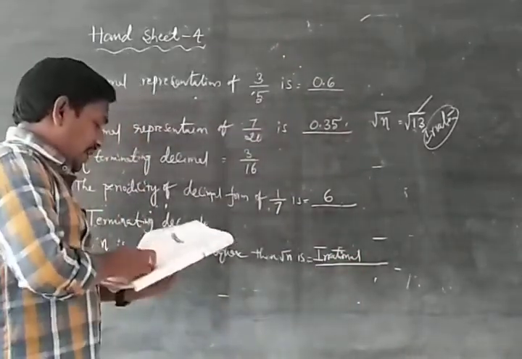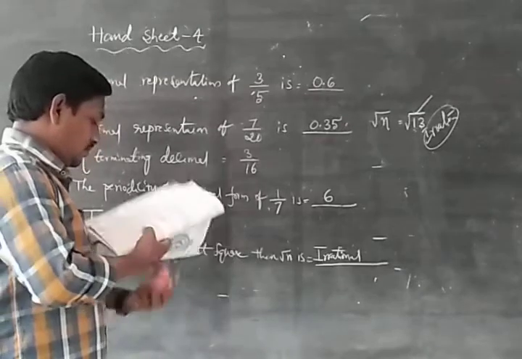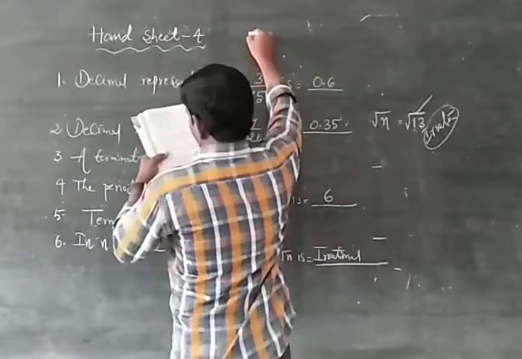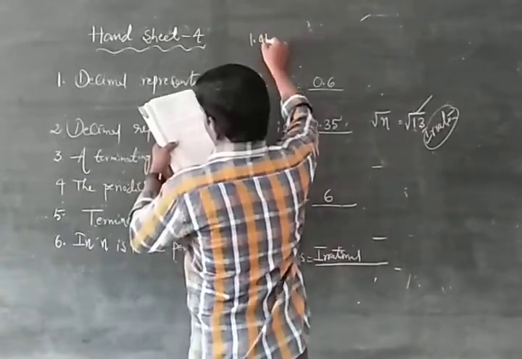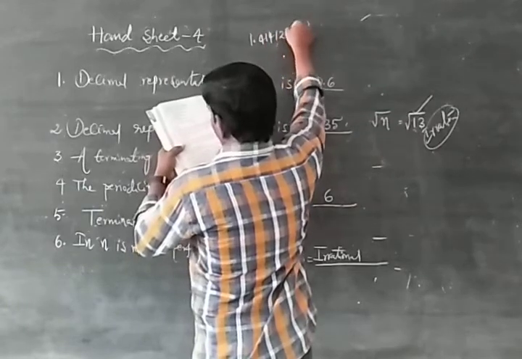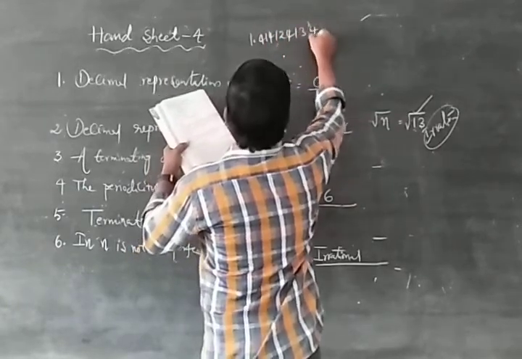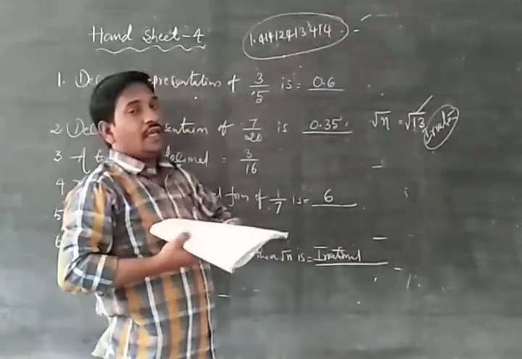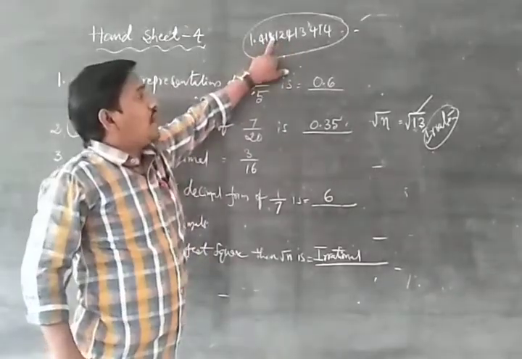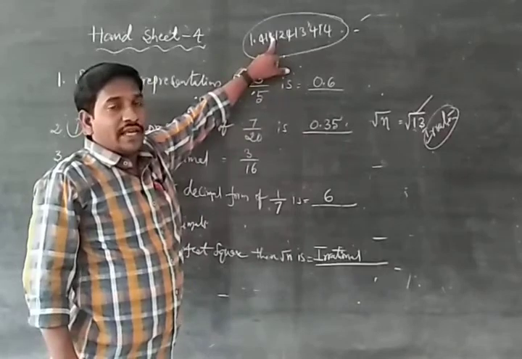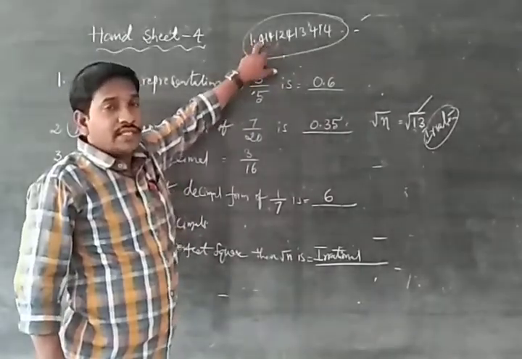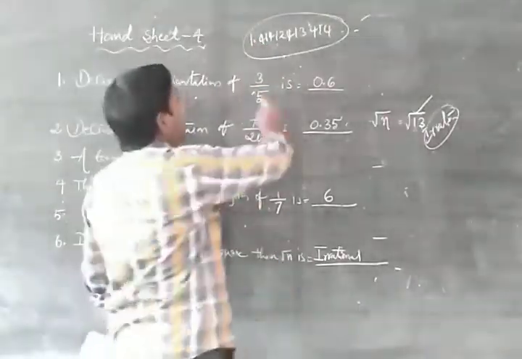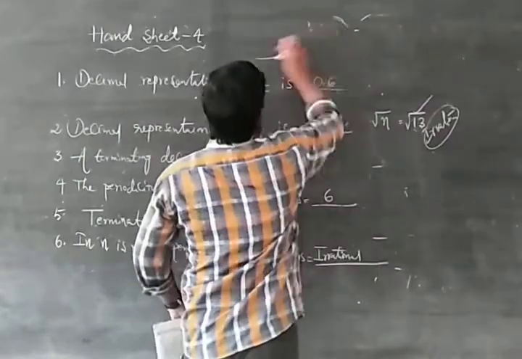We have some irrational non-terminating numbers, and so on. It is an irrational number. We cannot define the remainder in non-terminating repeating decimals.